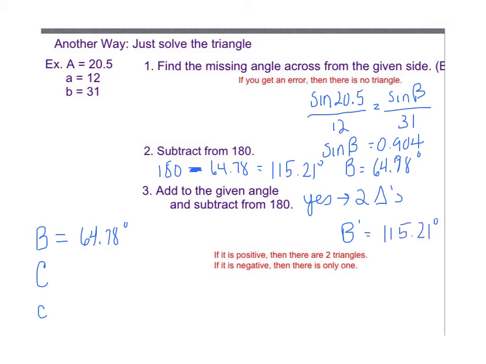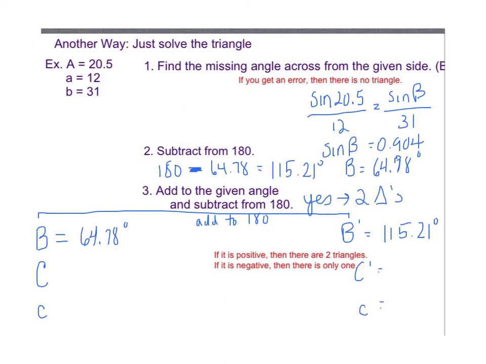These two angles, angle B and the original angle, add to 180 degrees, and that's why I'm subtracting there. They are supplementary. Okay, so I have that triangle, and then I have this. So these are the two triangles.